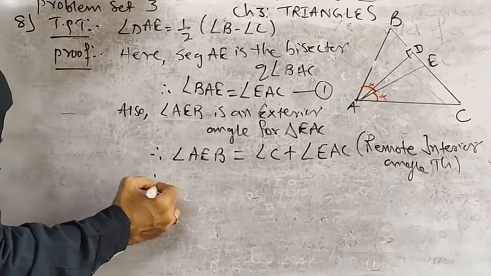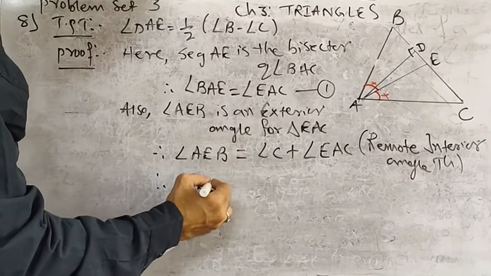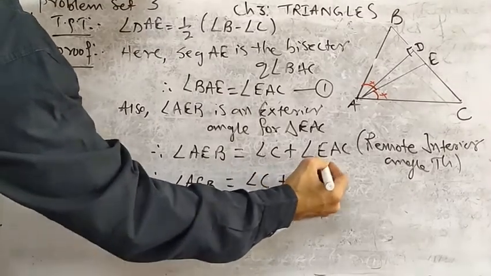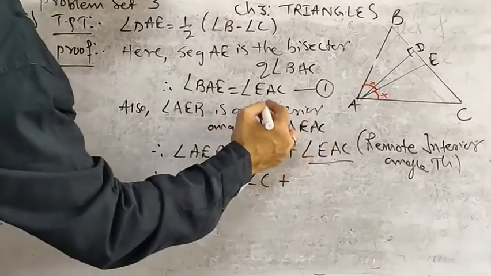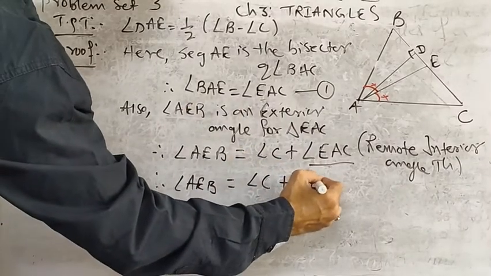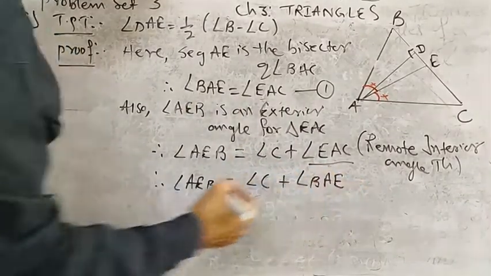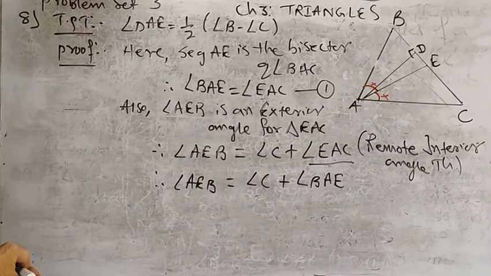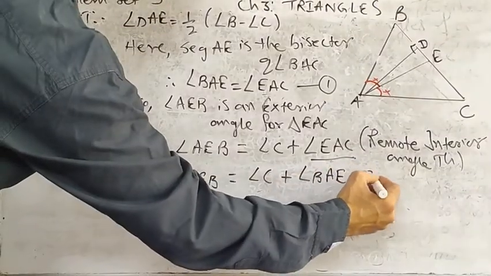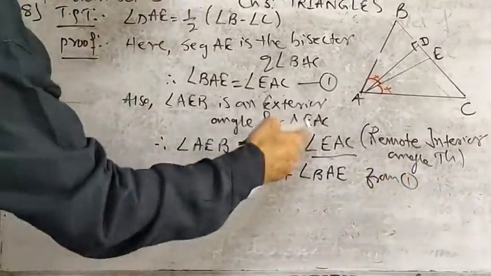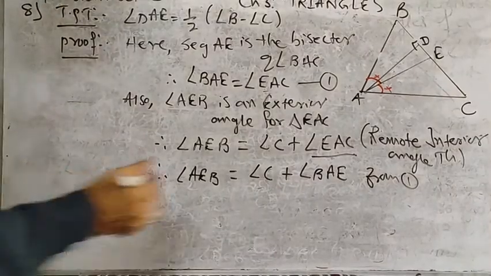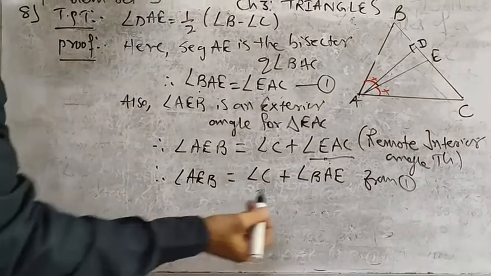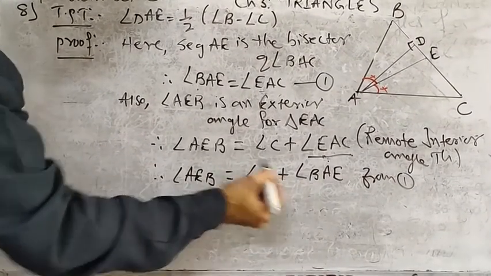Therefore angle AEB is equal to angle C plus, instead of EAC we will take angle BAE. Okay, instead of EAC we will take angle BAE. Okay, from 1, मतलब 1 से हमने रिप्लेस किया उसको, ये एंगल को हमने रिप्लेस करके ये ले लिया. ओके, नाउ this will come here becomes minus.